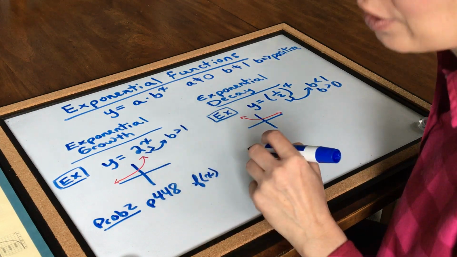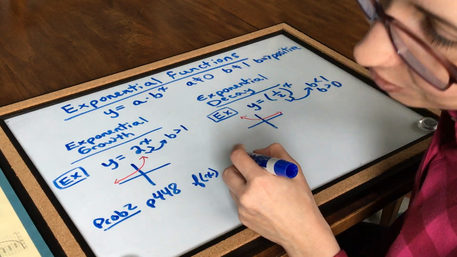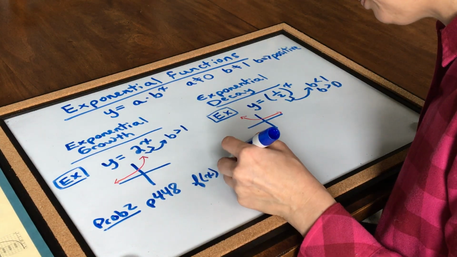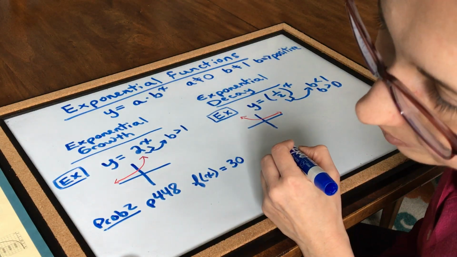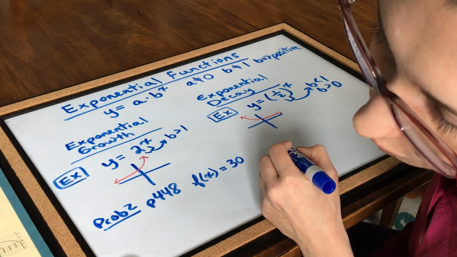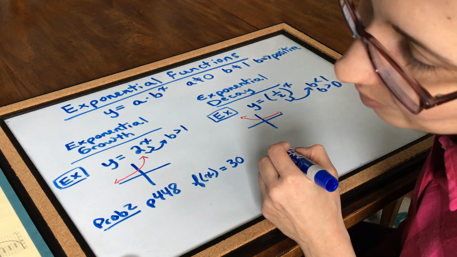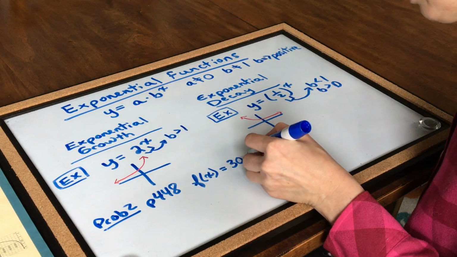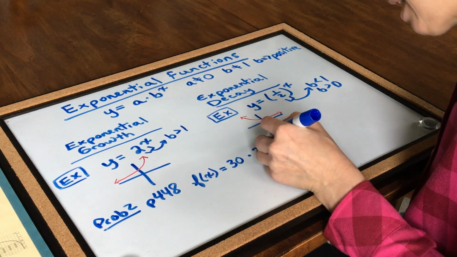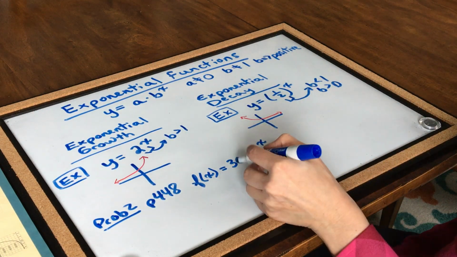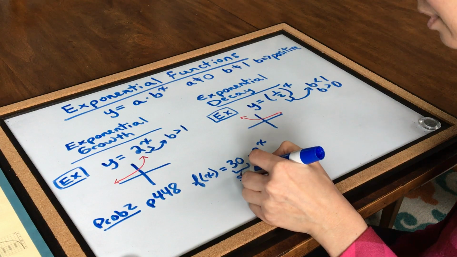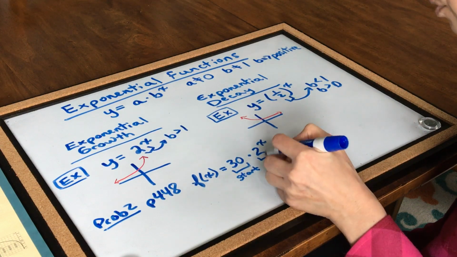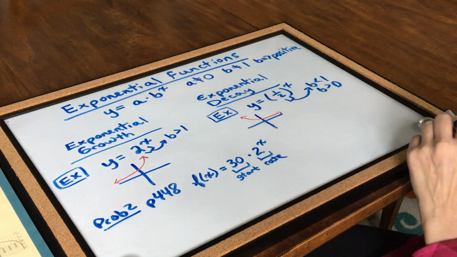We have 30 flower beetles, left undisturbed in a warehouse bin. The beetle population doubles every week. So I have a starting amount of 30 beetles, and it doubles every week. This is my start value, and this is the rate at which it doubles.